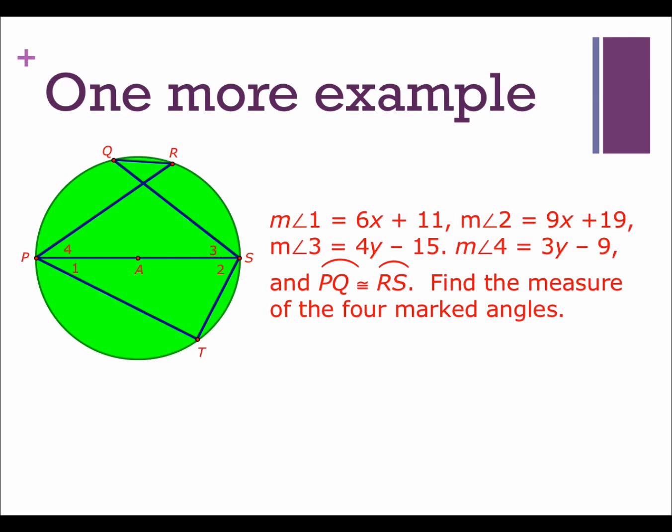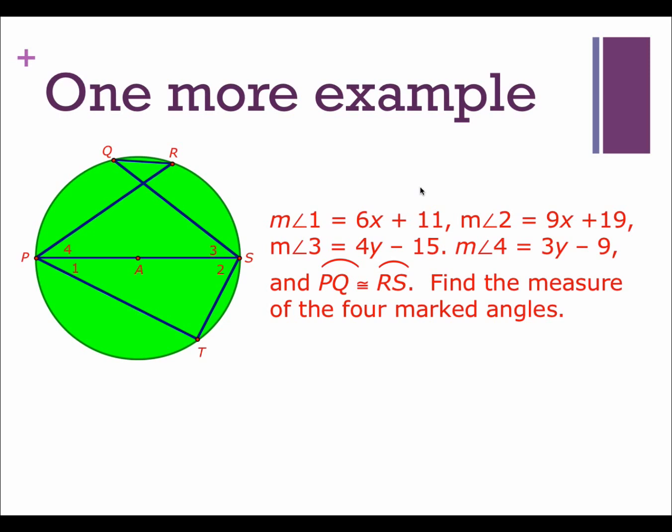Ashley? They're complementary. Why? Because it's an inscribed triangle in a semicircle. Good. So therefore, how big is angle T? 90. So if angle T is 90, then 1 and 2 have to be complementary.